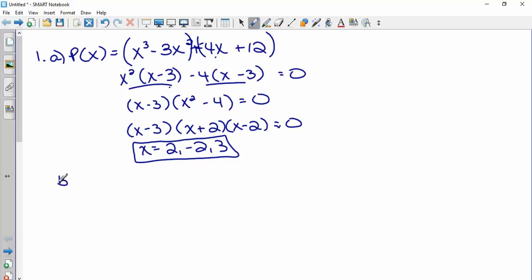Part B said use the graph to find this. So if you look at the graph, go ahead and grab your graphing calculator, plug in the original for me.